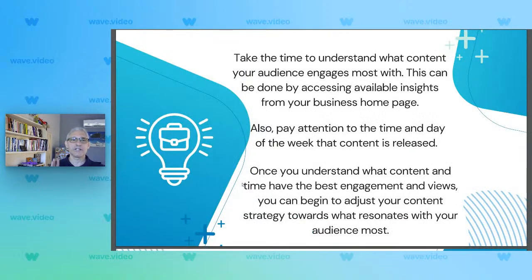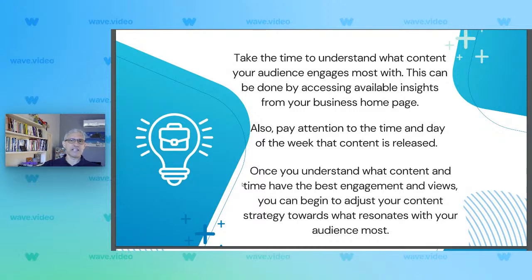Take the time to understand what content your audience engages most with. This can be done by accessing available insights from your business homepage. And that's really an exceptionally good place to go to learn more about your audience, the people that already like your page. Going to the insights, you can get all the tracking information on your posts and on your advertisements, and that'll help you.